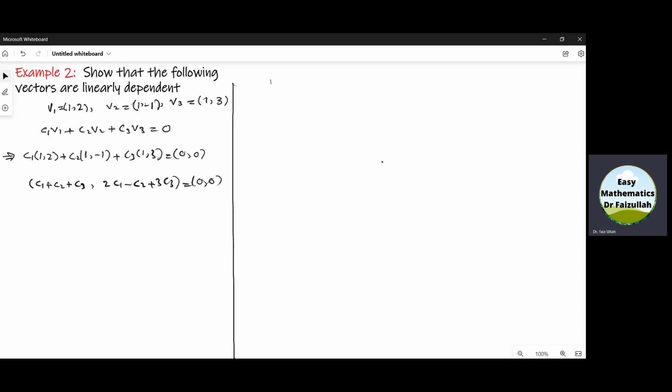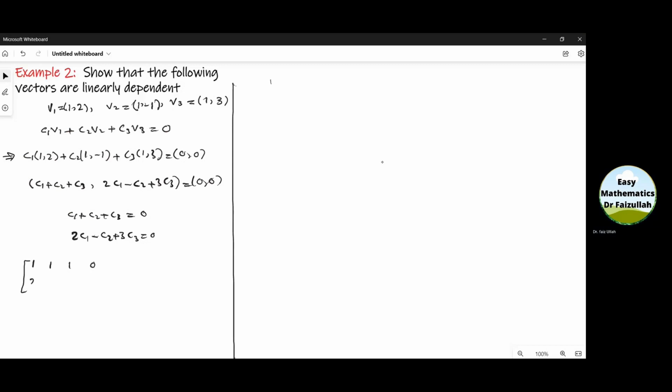From this we get a system of equations. C1 plus C2 plus C3 equal to 0 and 2C1 minus C2 plus 3C3 equal to 0. Let us write the augmented matrix. So we have 1, 1, 1, 0, then 2, minus 1, 3, 0.